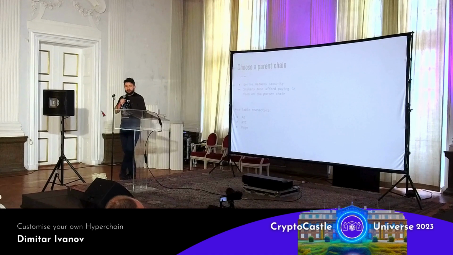Currently we already have those three supported as connectors, so you simply write in the config that the parent chain node lives here with the address, and that this is, for example, an alternative node, or it's a Bitcoin node, and the code catches on its own. If you want to write your own connectors, you're free to do so. They're quite trivial.